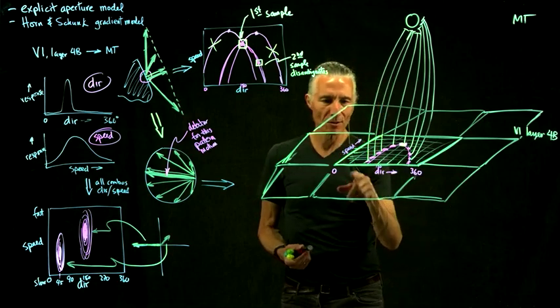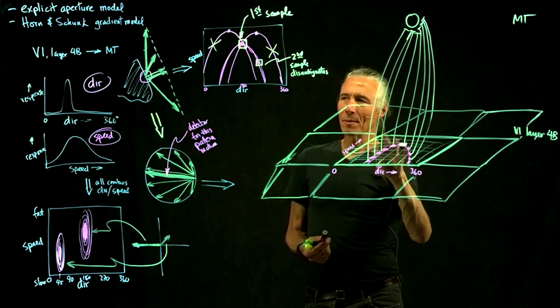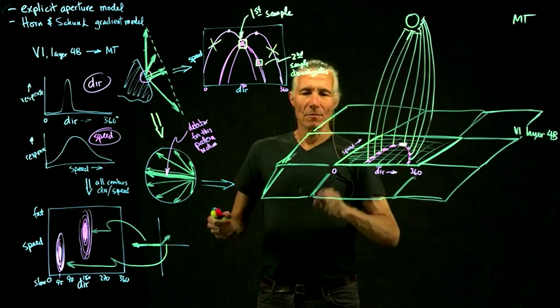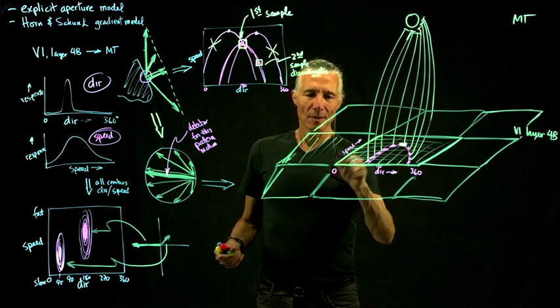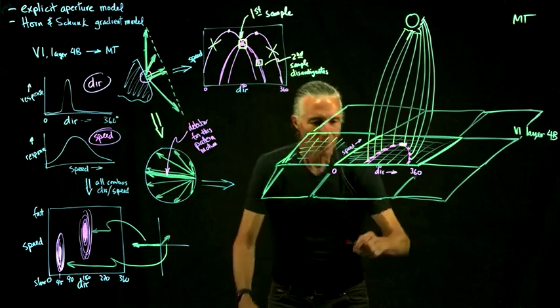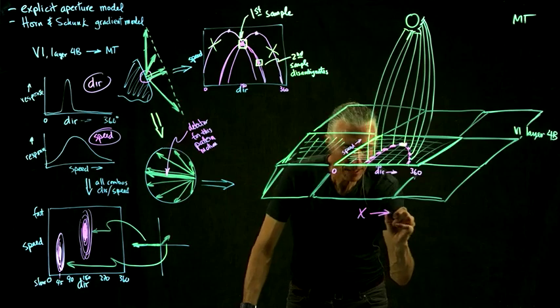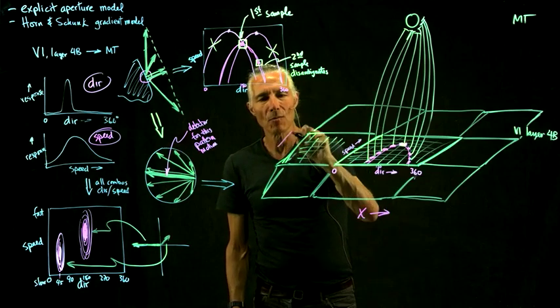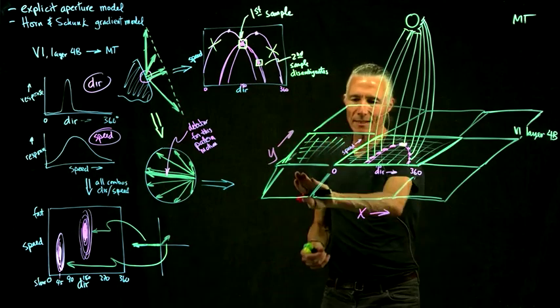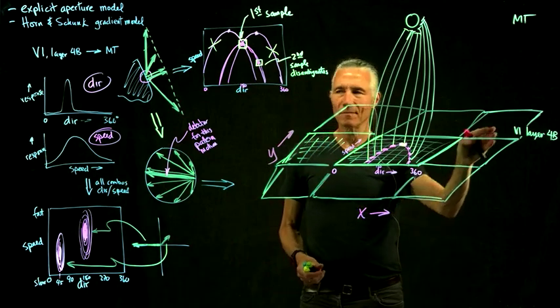Same thing going on here. One point in space we have a bunch of speeds and directions, another point in space, a bunch of speeds and directions, same thing over here. So this is like the x direction in space, and here's the y direction in space. Each one of these little things is a different little piece of space.